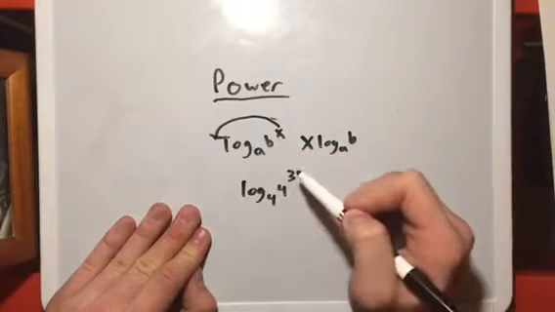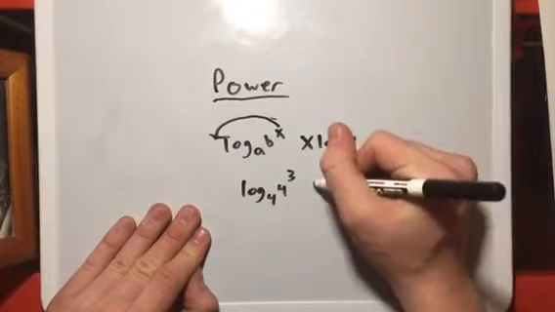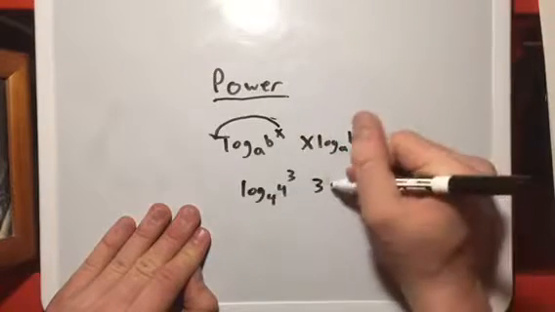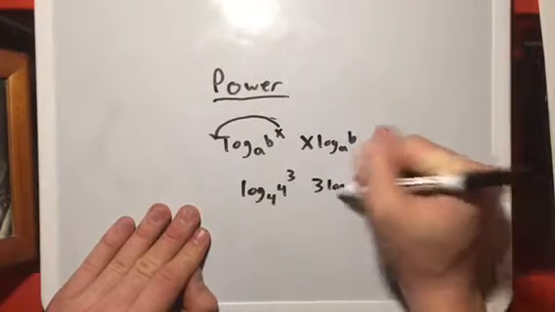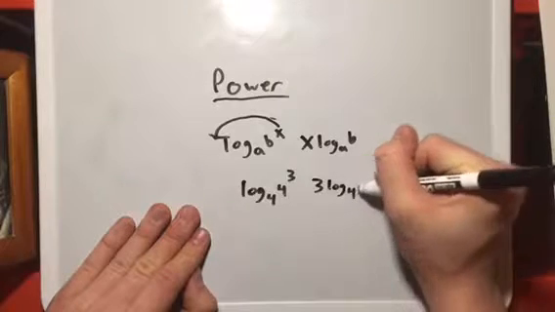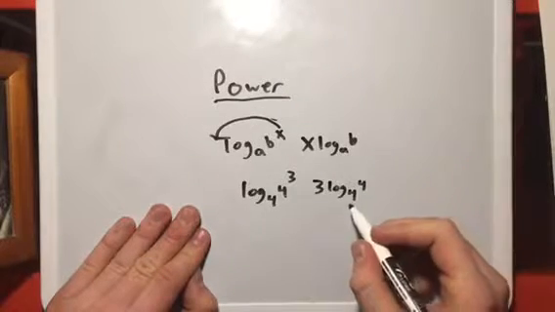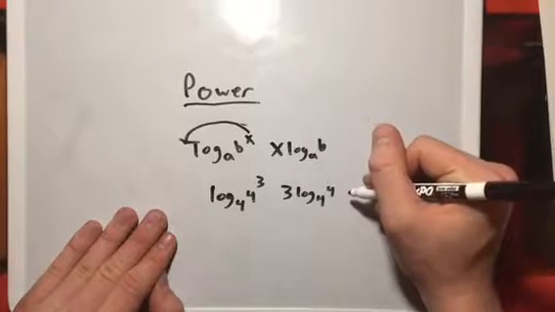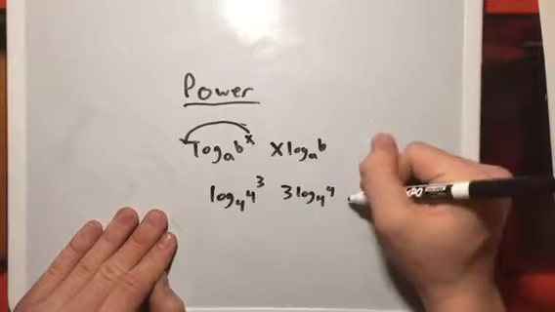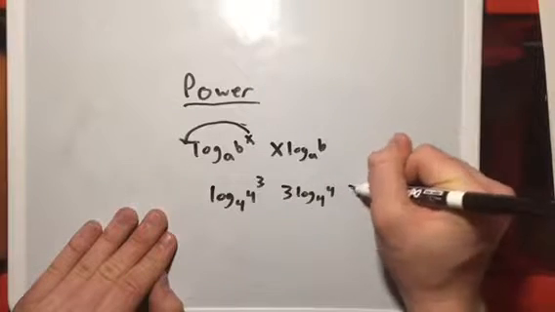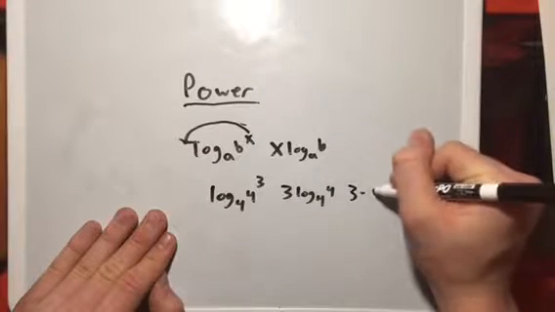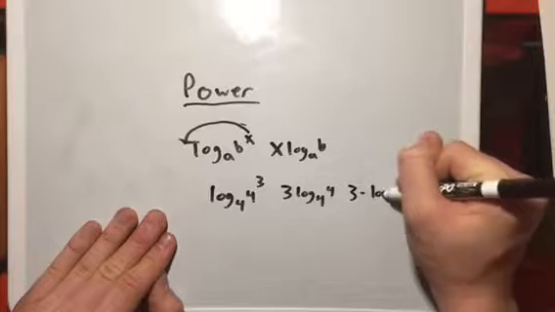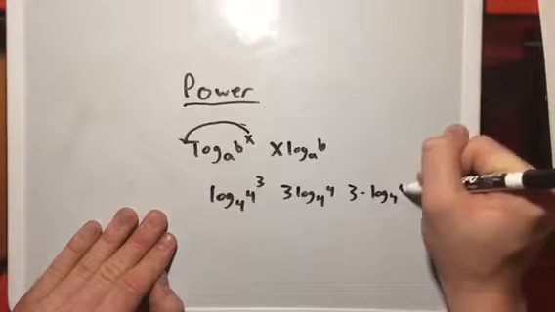So what we need to do is move this 3 out here. So this rewrites to 3 log base 4 of 4.